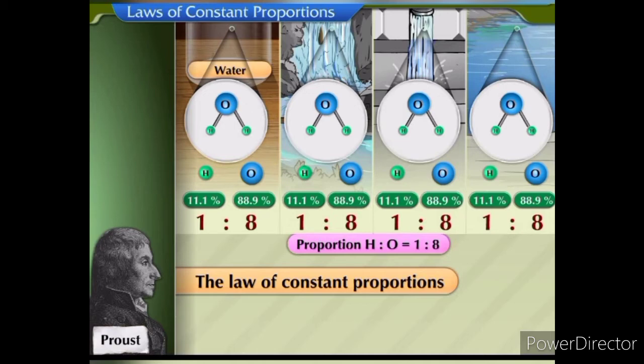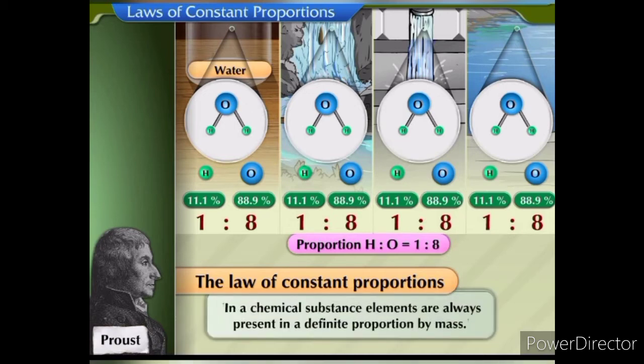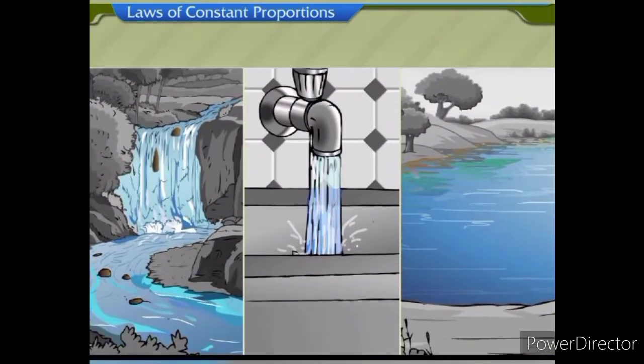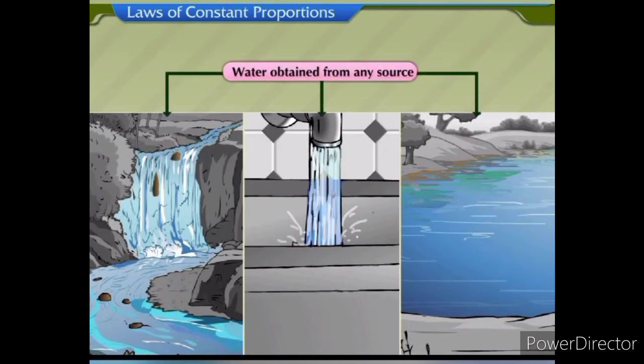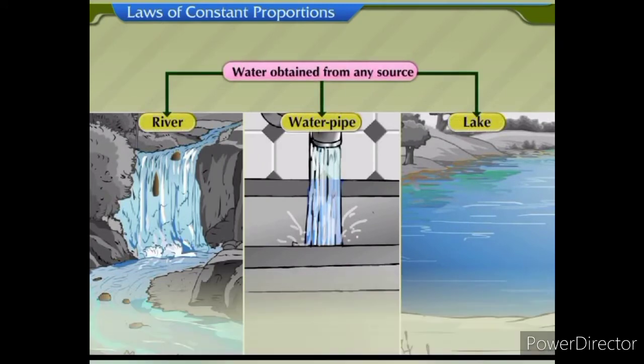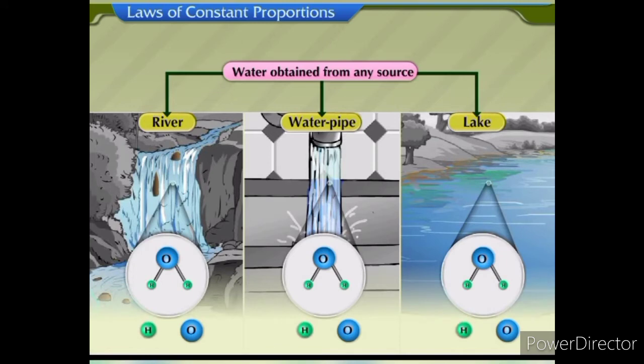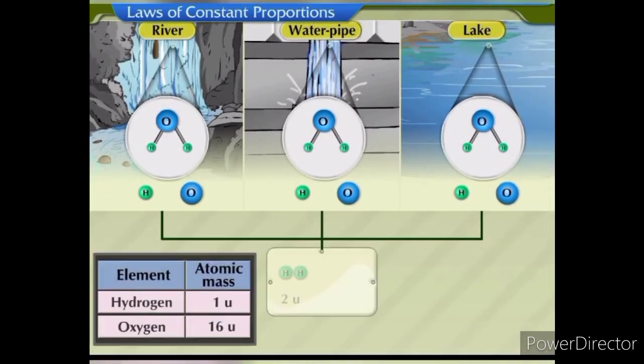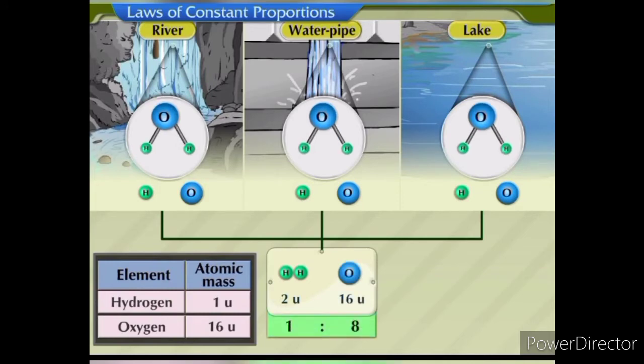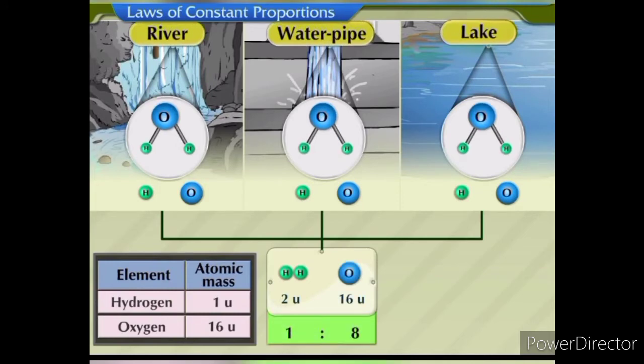According to the law, in a chemical substance, elements are always present in a definite proportion by mass. For example, water obtained from any source will have the same two elements, hydrogen and oxygen, present. The proportion of hydrogen and oxygen is 1:8 by mass.